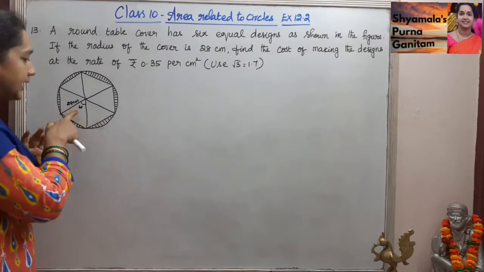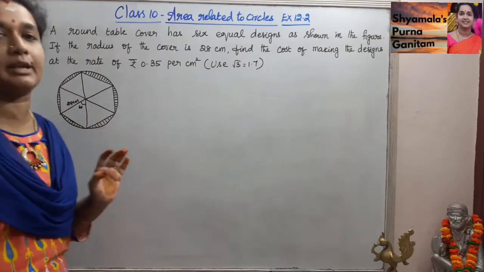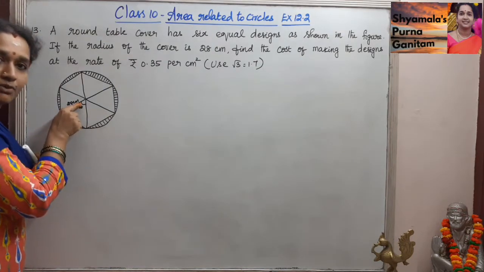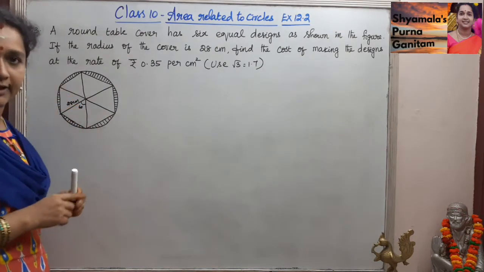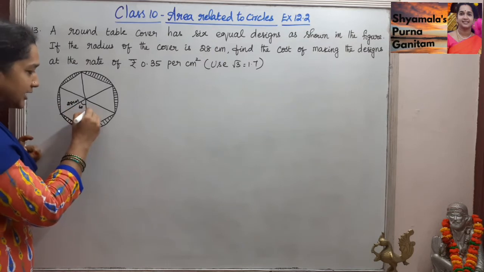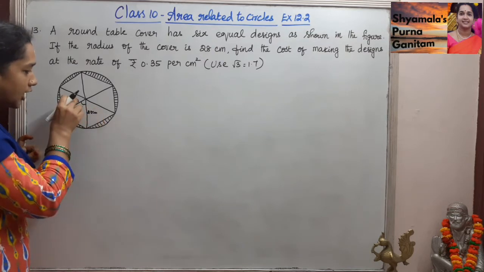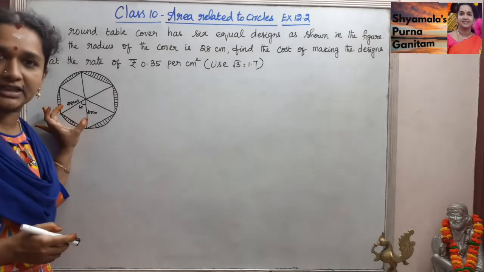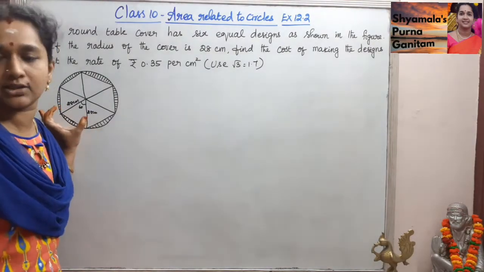For finding the area of the triangle, first we should know what type of triangle it is. Here that angle is 60 degree. Then 28 centimeter and 28 centimeter are the sides of the triangle. So if these two are 28 centimeter, it forms an isosceles triangle.